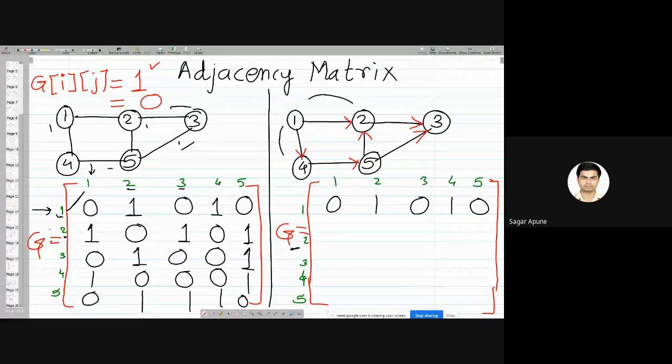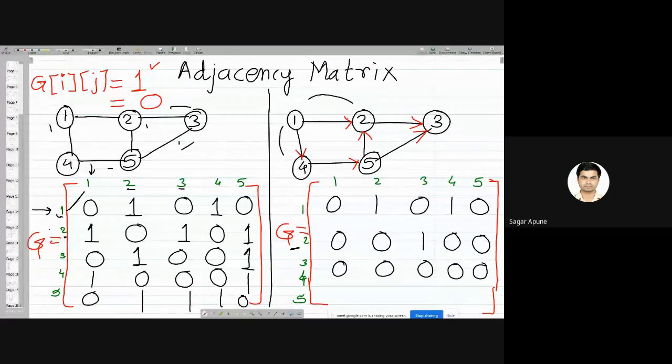Now from 2, the second vertex, where is the outgoing edge? It goes to 3. So 2 to 3 is 1. Remaining are 0. Then 3. There is no outgoing edge for 3, so all are 0. Then next, 4.